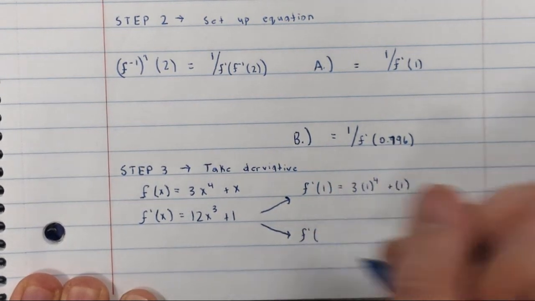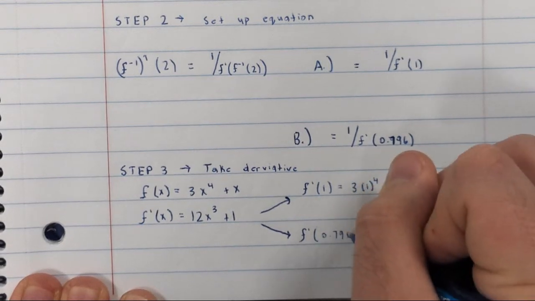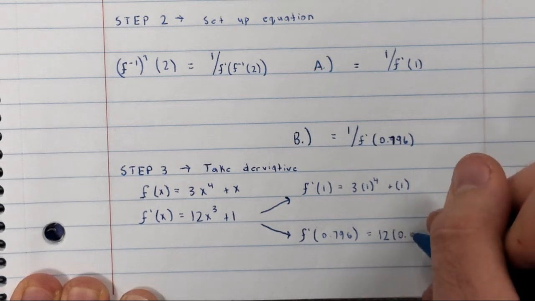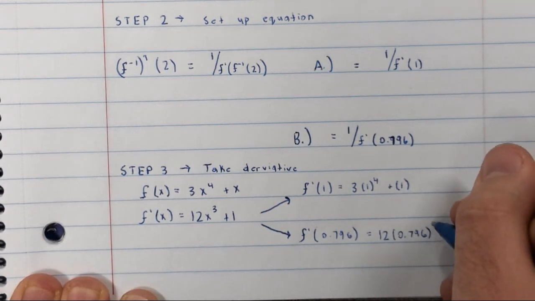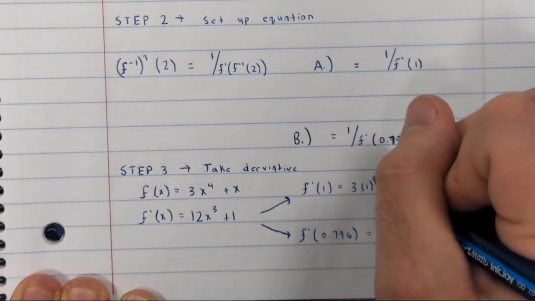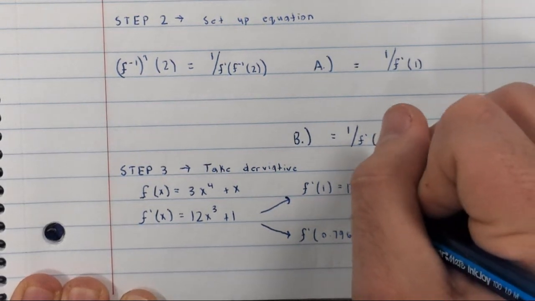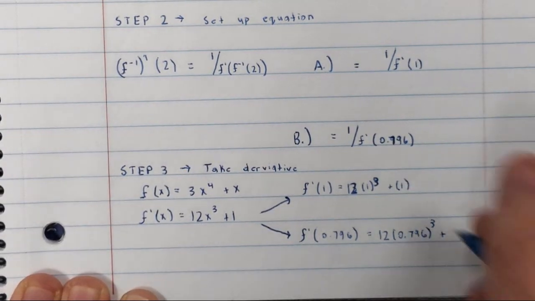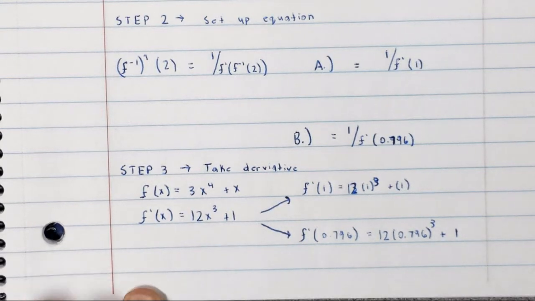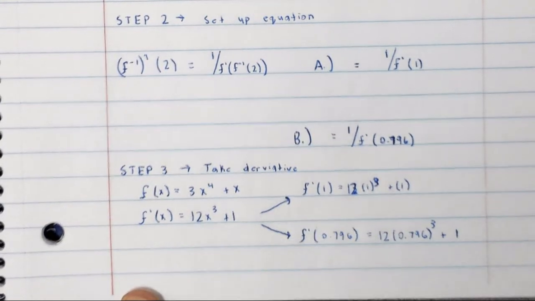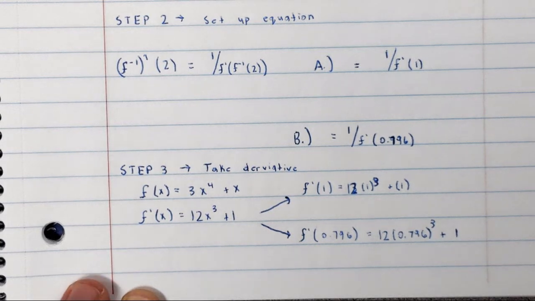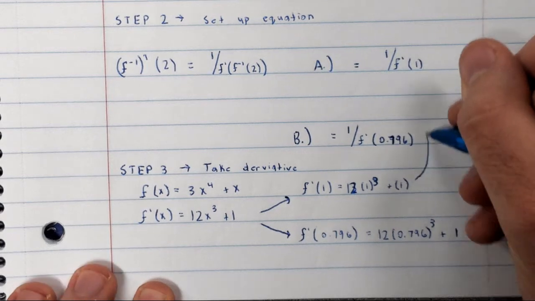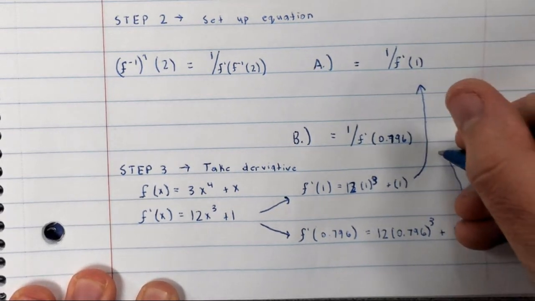And f prime of 0.796 is equal to 12 times 0.796 to the 3rd plus 1. So these come from these derivative equations. And then I can take these values and plug them in here and in here.